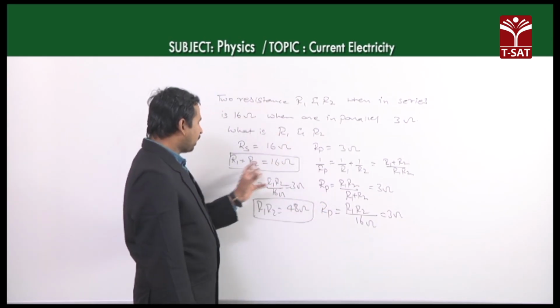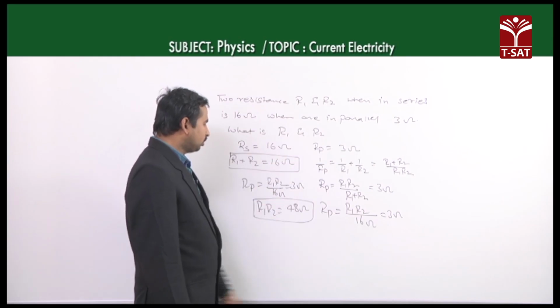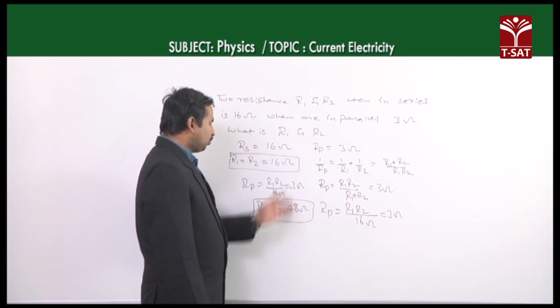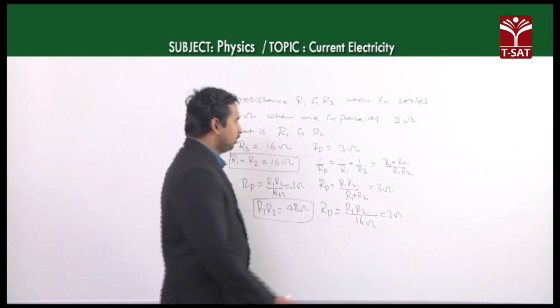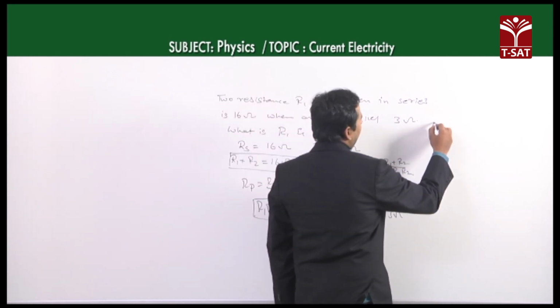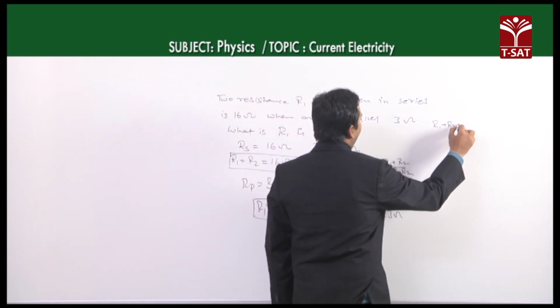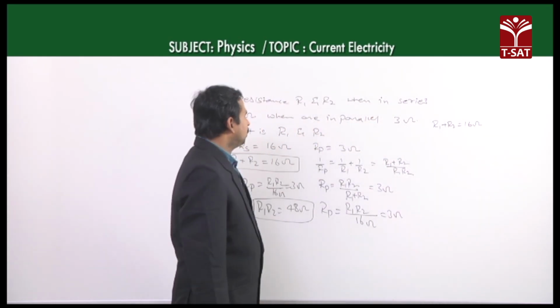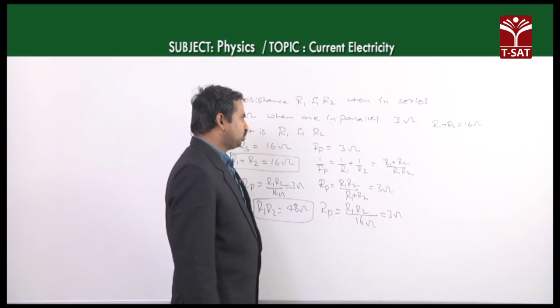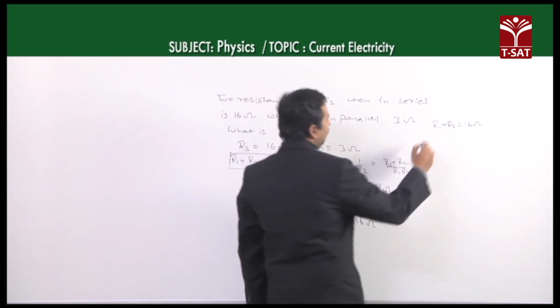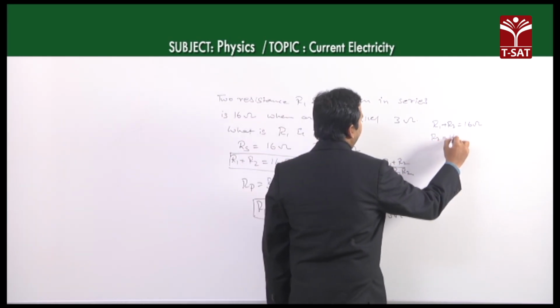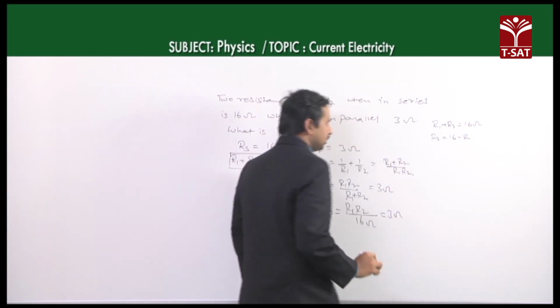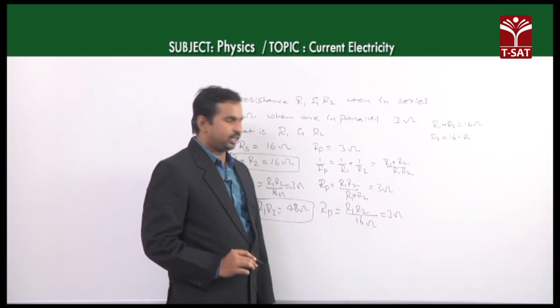Then, if we take the values of R1 plus R2 and R1 R2, we can directly find the R1 and R2 values. For example, as R1 plus R2 is equal to 16 ohms, from this we can write R2 is equal to 16 minus R1.